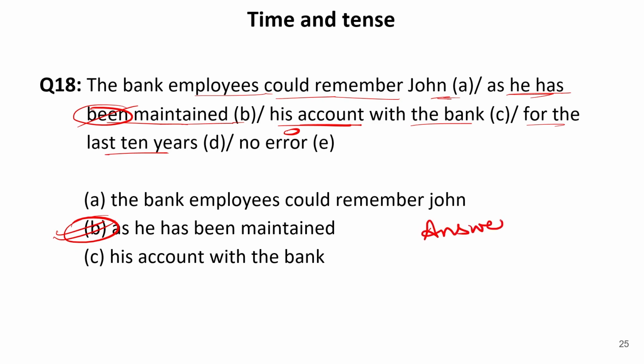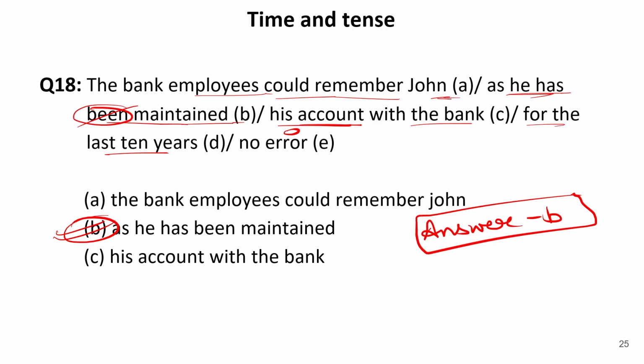In fact, the correct sentence should be: the bank employees could remember John as he has maintained his account with the bank for the last 10 years. So, this will be the correct sentence. Or we can also write it as "he has been maintaining his account with the bank for the last 10 years."